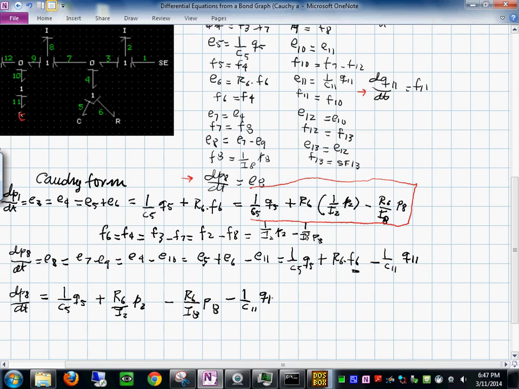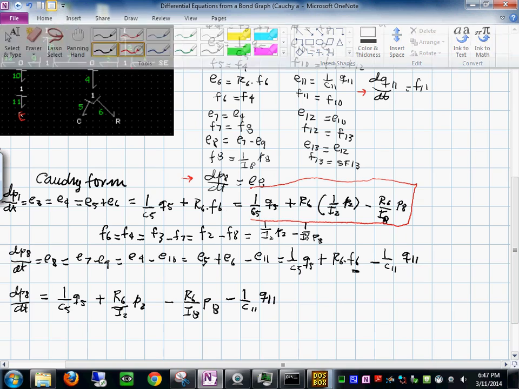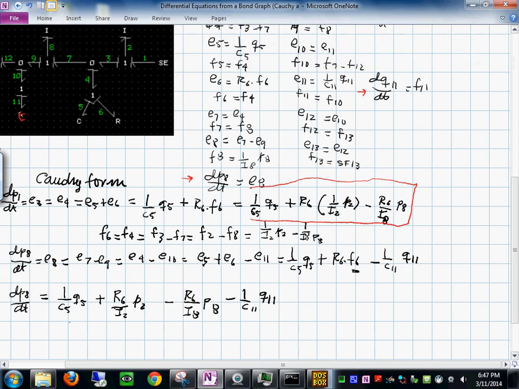This is equation number 2. I'm just going to put a frame like I did before. This is the second equation. We need 2 more to go.